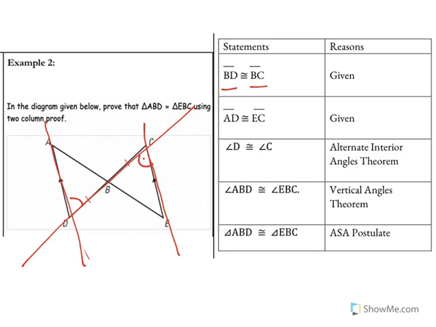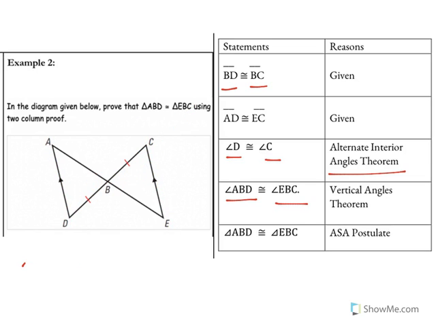This angle and this angle are alternate interior angles. So we're saying that they are equal. And then angle ABD, which is this angle, and EBC, which is this angle, we know that vertical angles are equal, so we know that those angles are equal. So we were able to prove that these two triangles are congruent by angle, side, angle postulate.